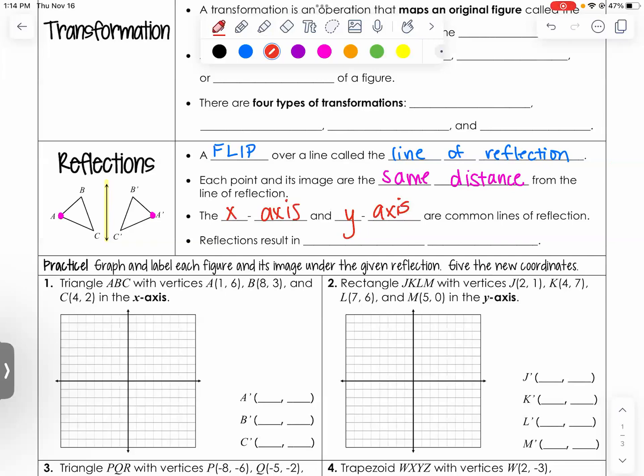Okay. Now, what's nice about this is that our shapes remain the same size. So when we do a reflection, we still have congruent figures.